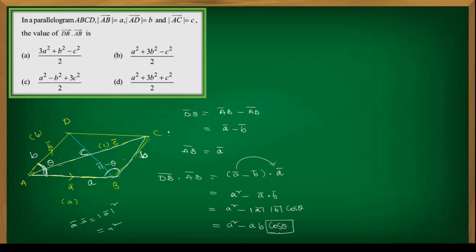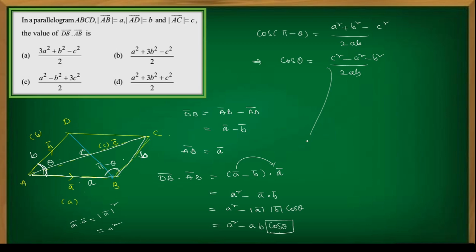So what does the cosine rule say? Cos of pi minus theta is equal to the sum of the squares of the other sides, not opposite to that, A square plus B square, then minus opposite side square, divided by 2AB. But cos of pi minus theta is minus cos theta. So if I take minus common, I get C square minus A square minus B square by 2AB.